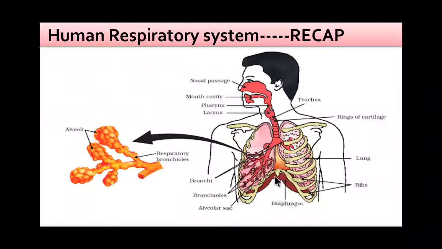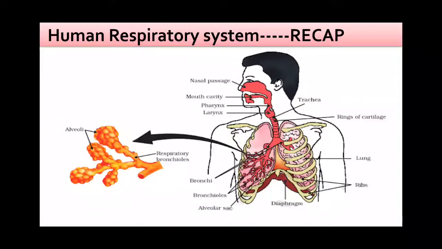That means within the lung, when the bronchi divide into smaller tubules, called bronchioles, which terminate into balloon-like structures which are called alveoli.